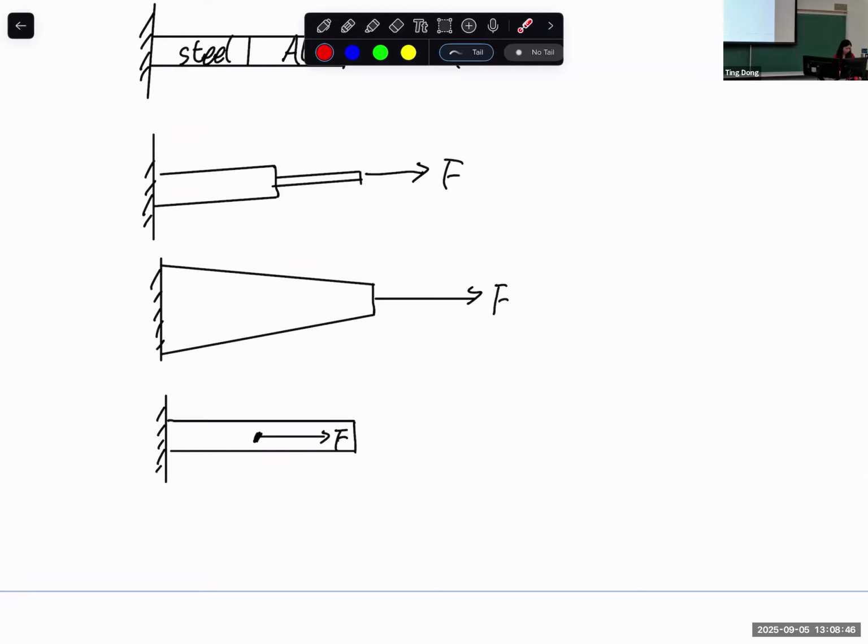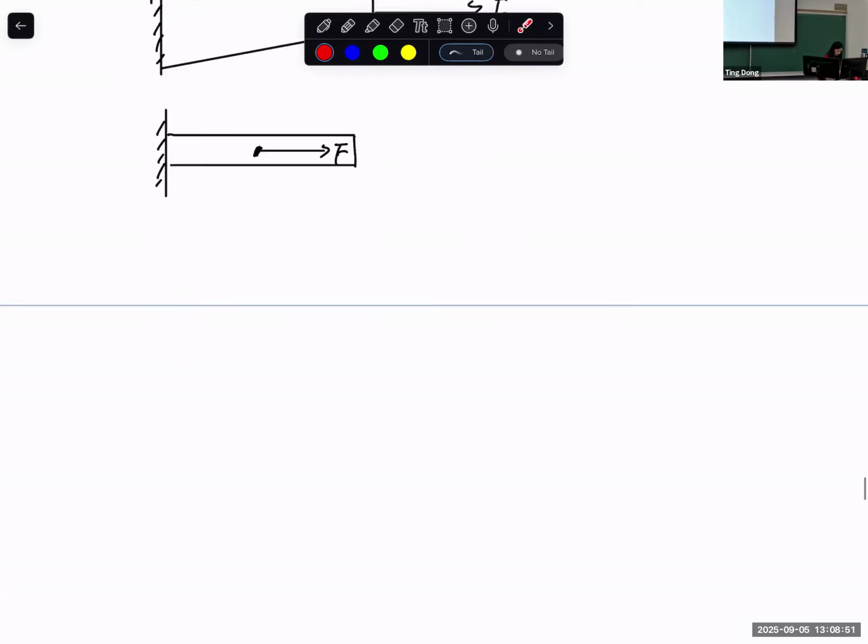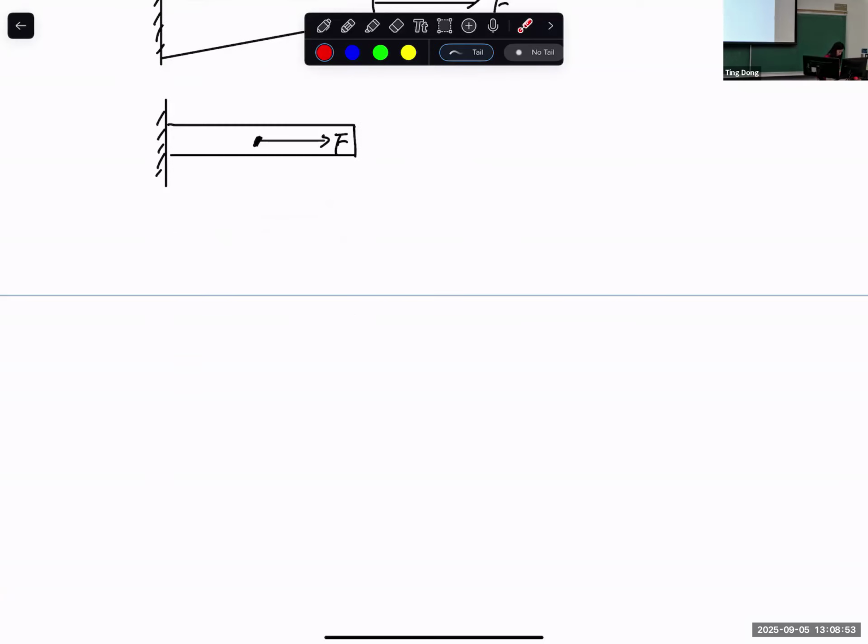So let's start an example problem directly. I use different colors to represent different sections, because the cross section is different.